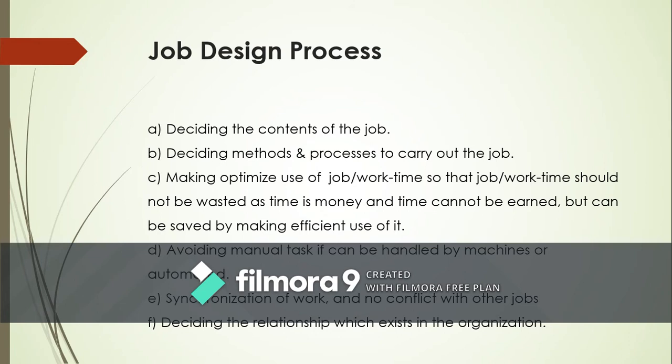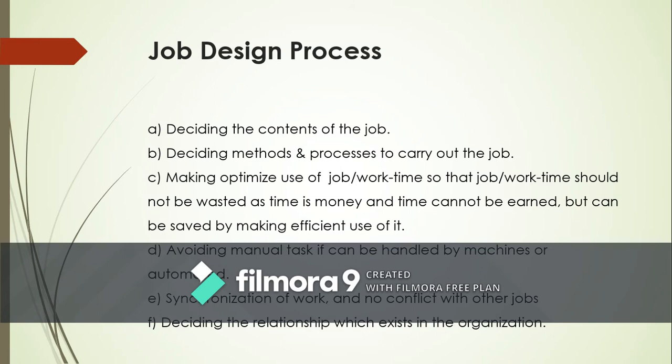Next one is avoiding manual tasks if can be handled by machines or automated. So you can see that in this time and day you have been observing that human beings working in an industrial setup are being replaced with machines.